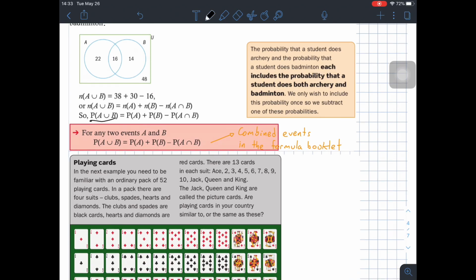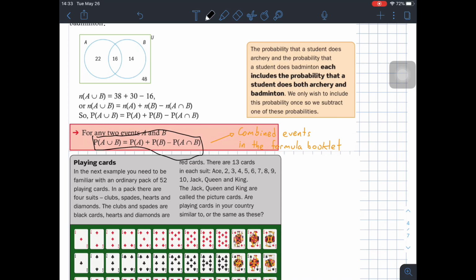So the probability of A union B, that's the probability of the union, is probability of A plus probability of B minus the probability of the intersection, once, right? Because of the repeated value we have. And this is the formula for combined events.